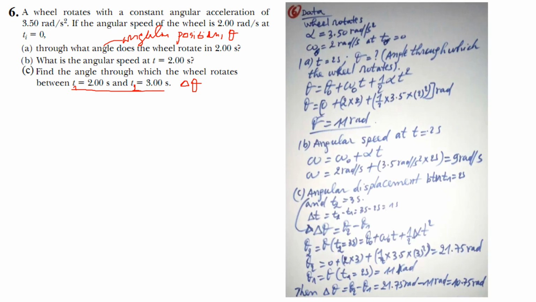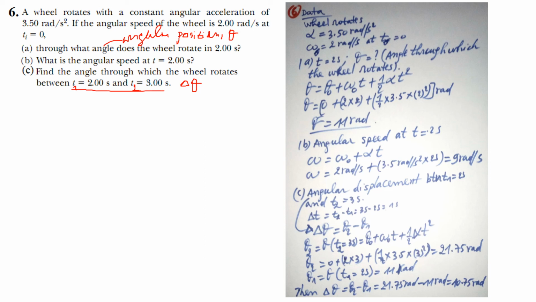In our data, we are given the angular acceleration 3.5 radian per second squared, and the initial angular velocity, because this is the angular velocity when the time t is equal to 0.